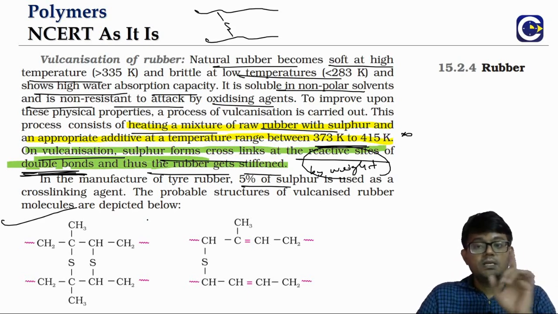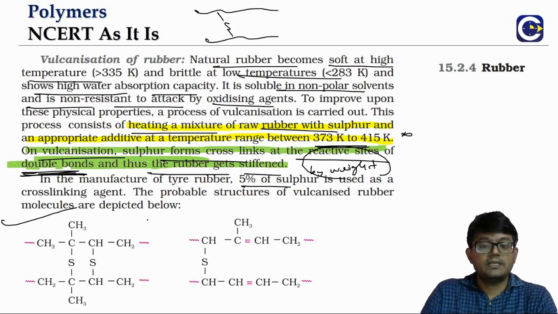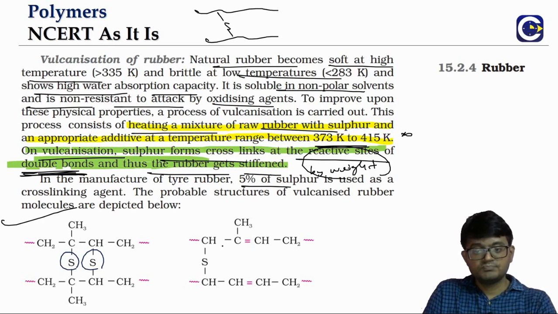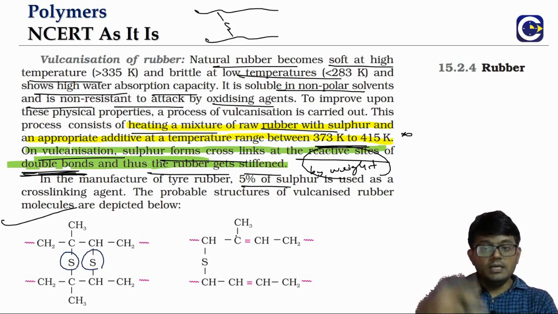Sometimes we can get straight theoretical questions from vulcanization also. What happens in vulcanization? To the unsaturation sites in the linear chain, sulfur is added, forming linkages between the linear chains, sulfur linkages. The more sulfur that is added, the more linkages will be formed and the more will be the stiffness of the rubber that is obtained.